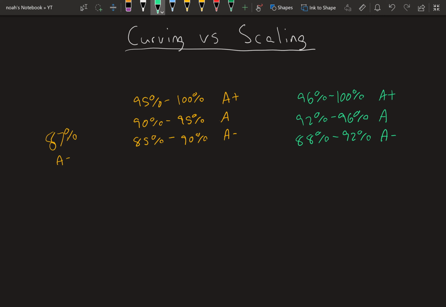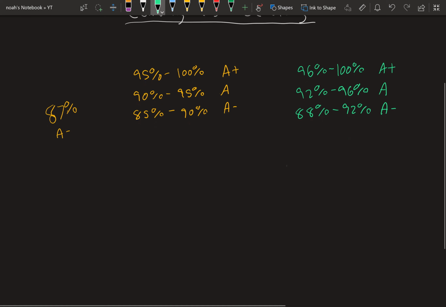So they'll slightly scale up the grade, so you have to get a higher mark in order to get that letter grade. And then they could also do the opposite. If the class average is low, then they might do something like, for example, 94% to 100% is A plus, and then so on.